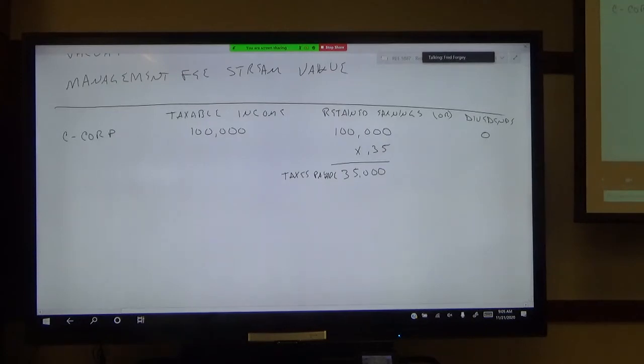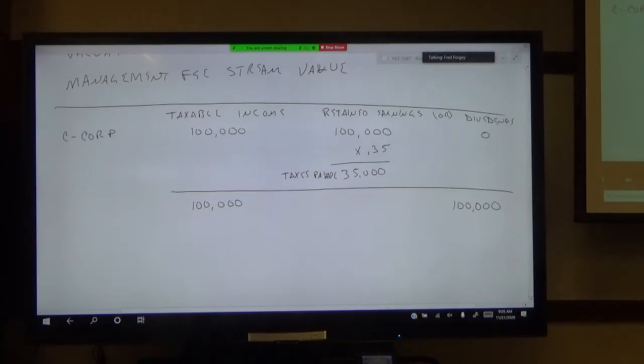Okay, now let's say under the second scenario, you still have $100,000 of taxable income, and you make that decision to pay out, let's say, all of it in dividends.